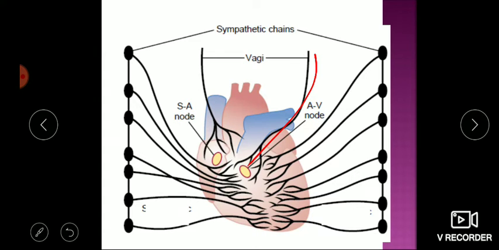And these are the sympathetic chain which is supplying the cardiac muscle fibers. So that's why the effect of the vagus is more on the rate, because it is supplying basically the SA node and AV node, and sympathetic stimulation has more effect on the force of contraction, because it is supplying the muscles dominantly, but it is also supplying the conducting tissues.